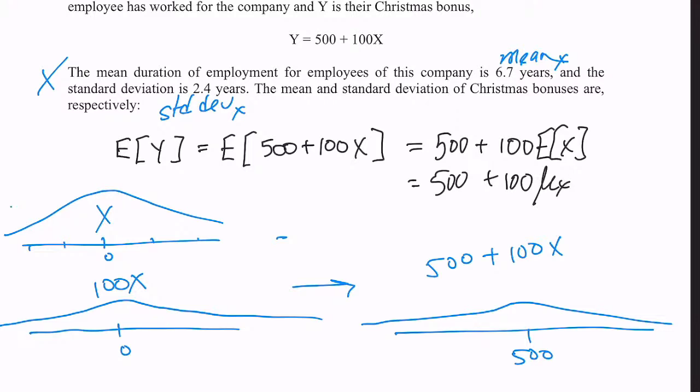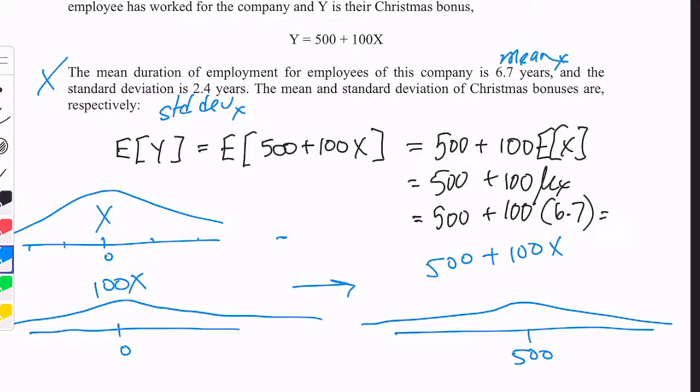So what was the mean? $6.7. I probably should have written numbers throughout, because I was trying to do this in general, but for this example, 6.7 would have been in the middle.